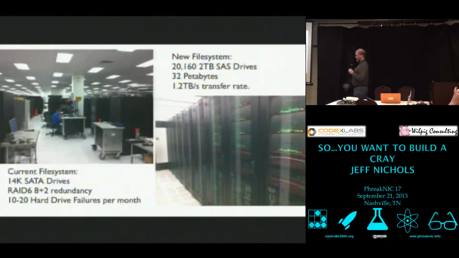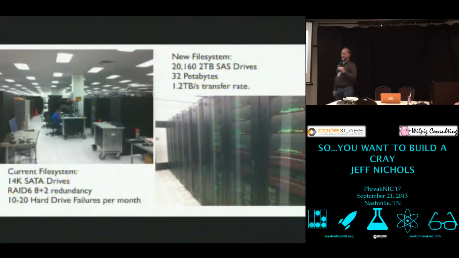And so the current file system is 14,000 SATA drives. It is a RAID 6 technology for redundancy, and so you've got 8 disks plus 2 spare. And I asked yesterday, so there's 10 to 20 hard drive failures per month, which I thought was remarkably low.